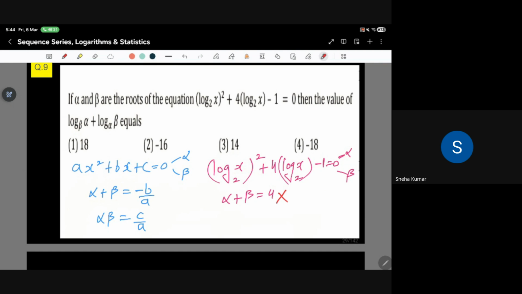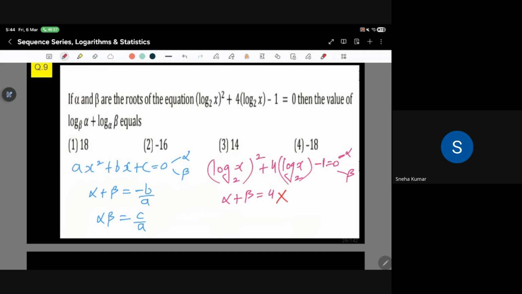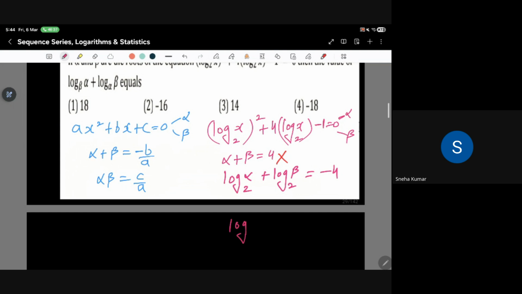Now it is a quadratic in log x. So what you have to write is log alpha base 2 plus log beta base 2 as the sum of the roots. In the same way, log alpha base 2 times log beta base 2 is the product of the roots.